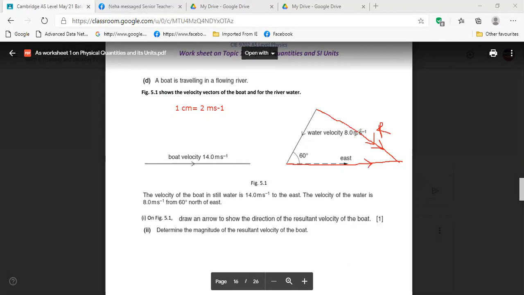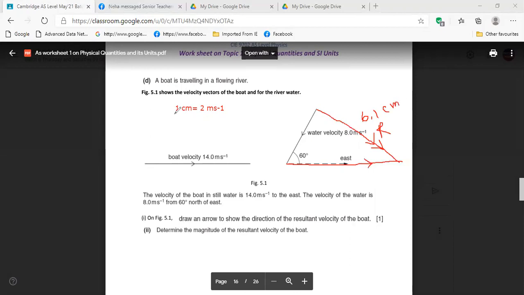If you get the length of this, you will get the magnitude of the resultant. If you measure with a ruler, you will get 6.1 centimeters.